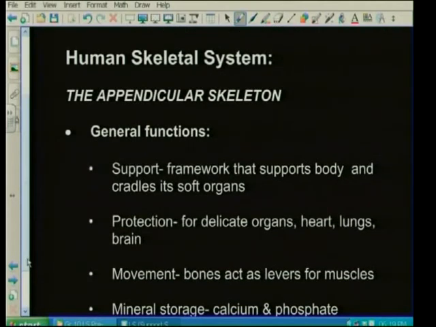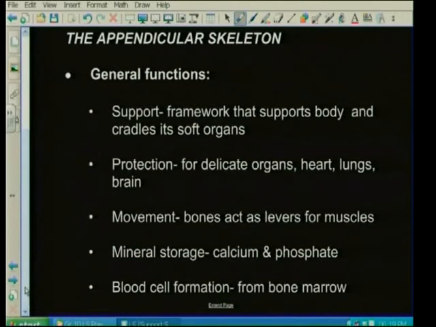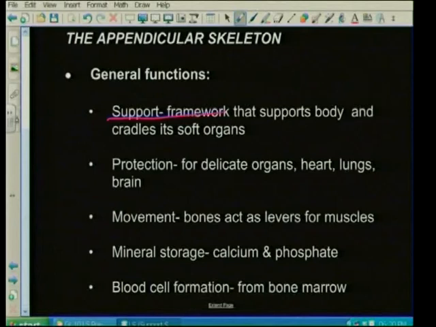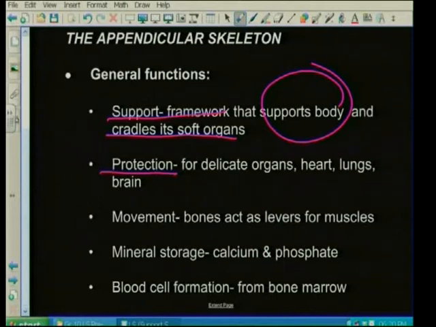The general functions of the endoskeleton, for a start: it is a support framework, supports the body, and obviously protects the softer organs on the inside. There you have protection of delicate organs like the heart, the lungs, and the brain.